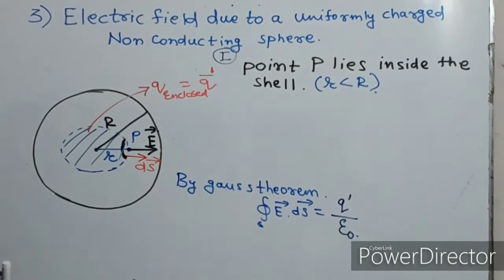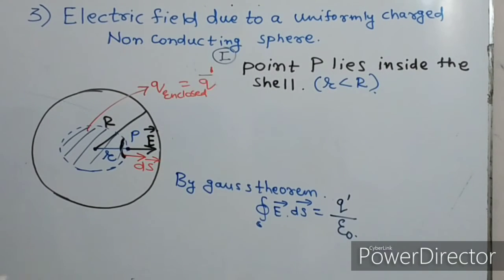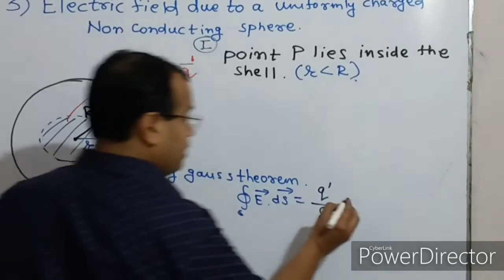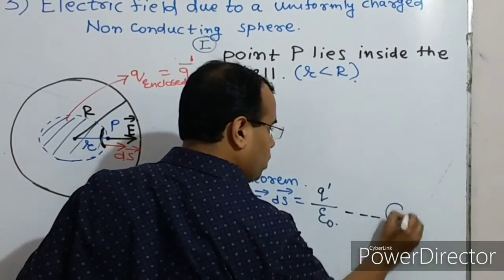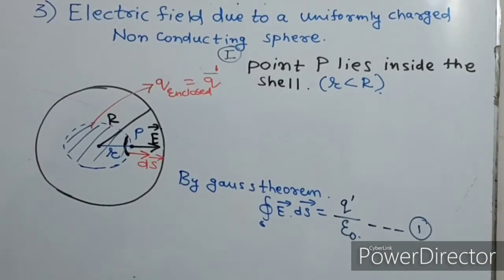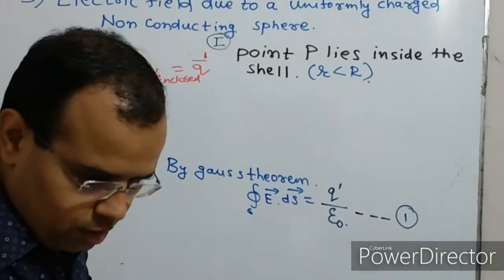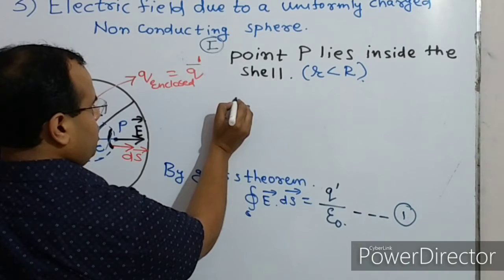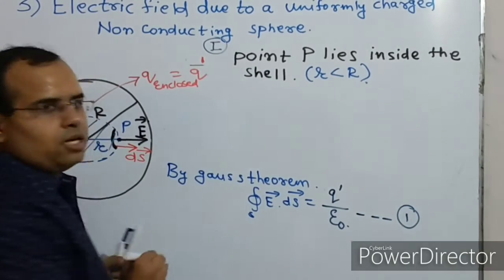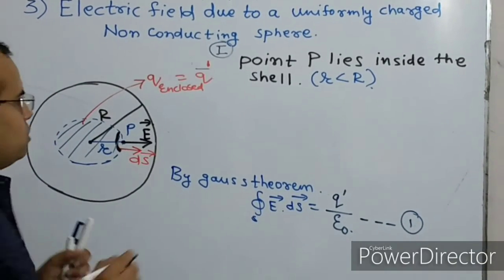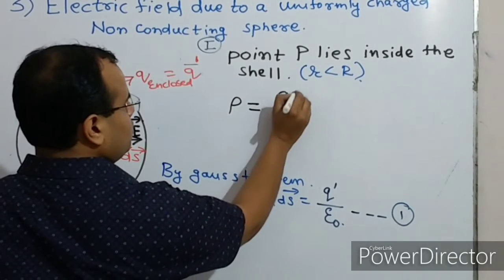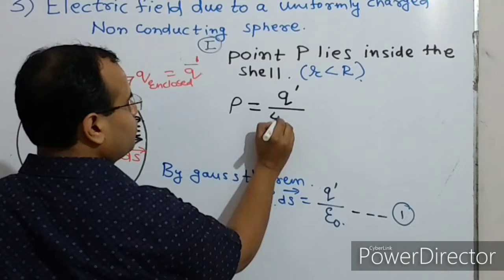Now let us substitute this q dash. How can we find this q dash? Let this be equation number 1. To find it, we know that rho is equal to charge upon volume.